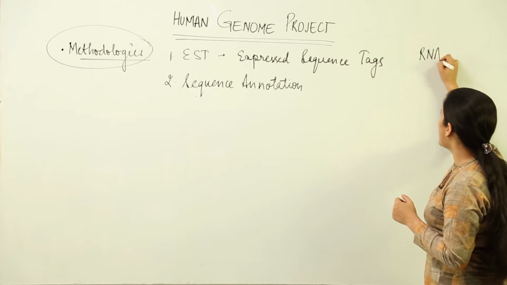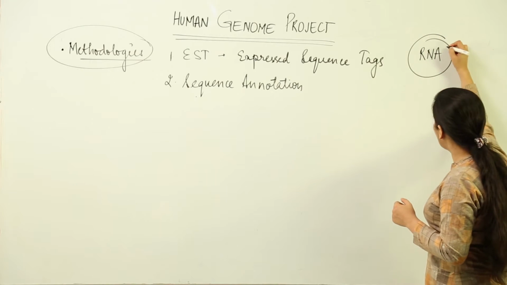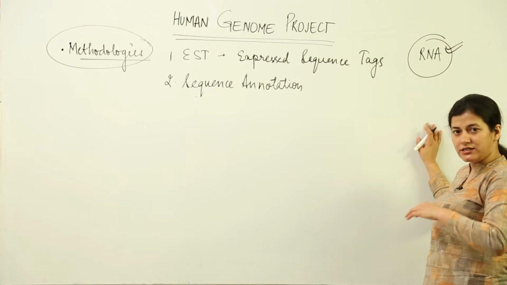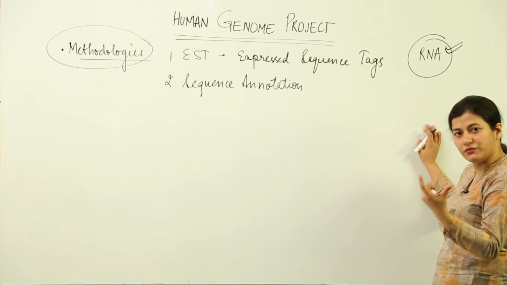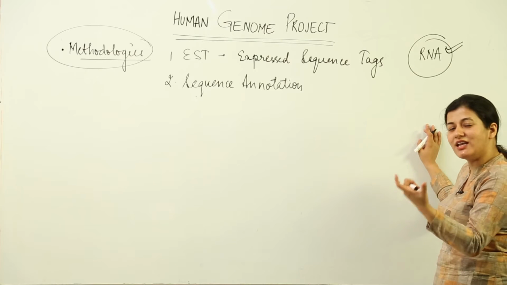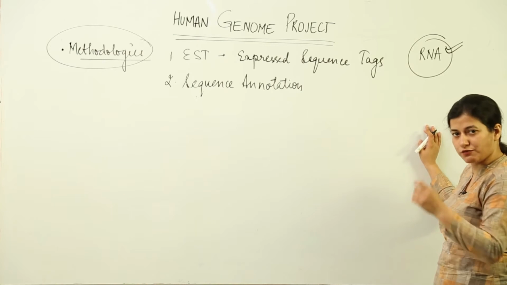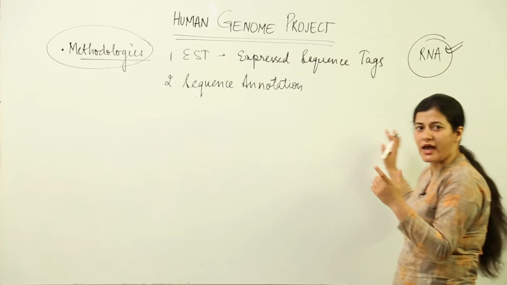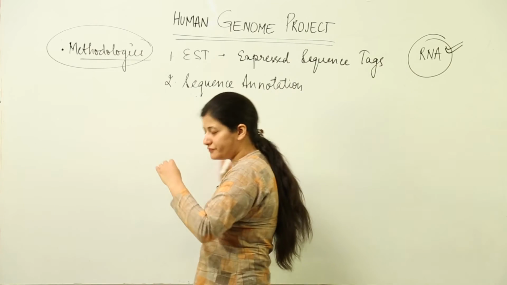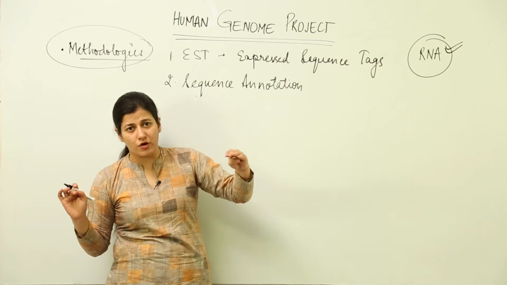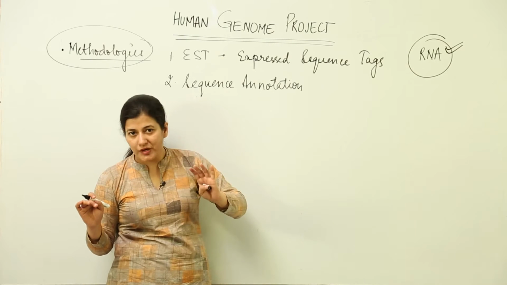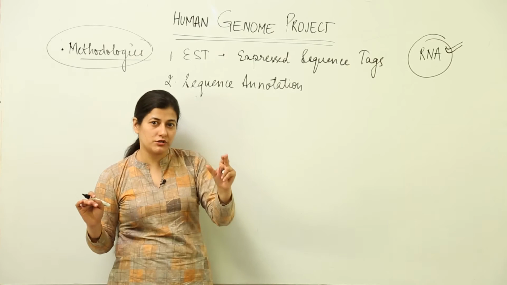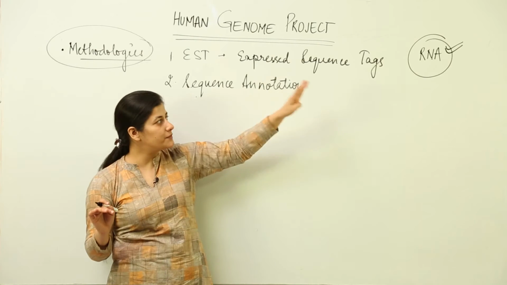So, whatever part of the genome is making the RNA, using that RNA, it can be deciphered what the genetic composition for that would be. That means what the DNA nucleotide sequences for the given RNA would be. It is very simple, as we did earlier, that if you have an RNA being formed, you can find out what would be the coding strand and what would be the template strand of the structural gene which is responsible for making that particular RNA.